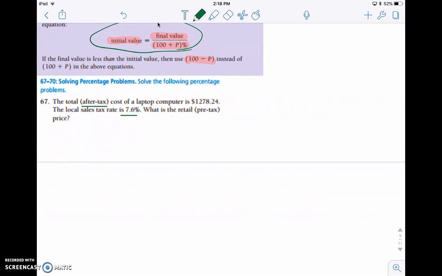So in our case, the final cost here was $1,278.24.